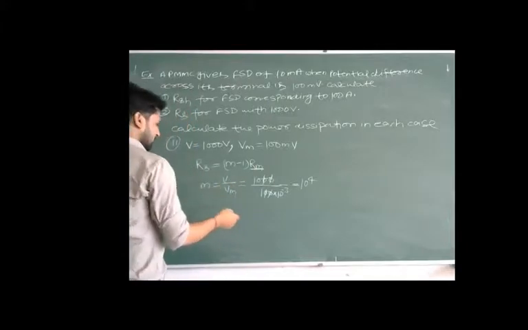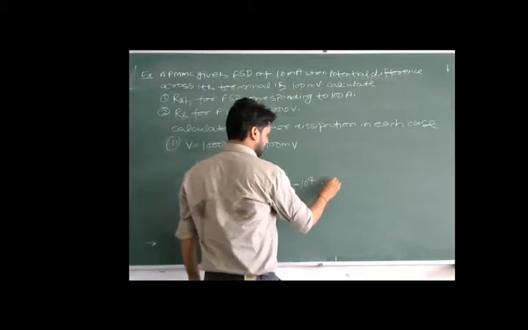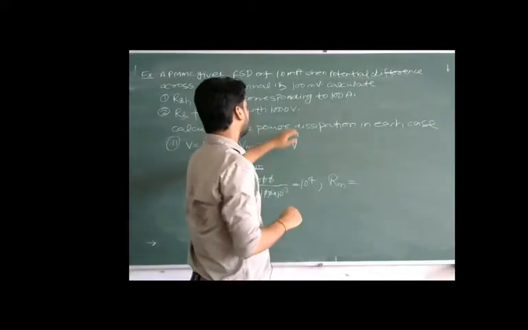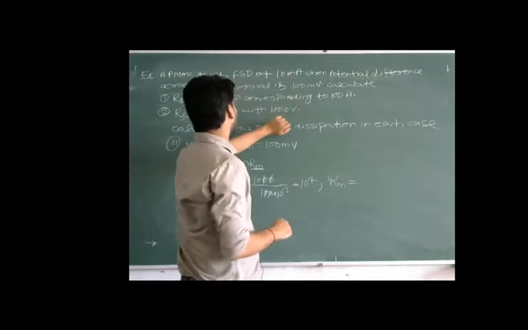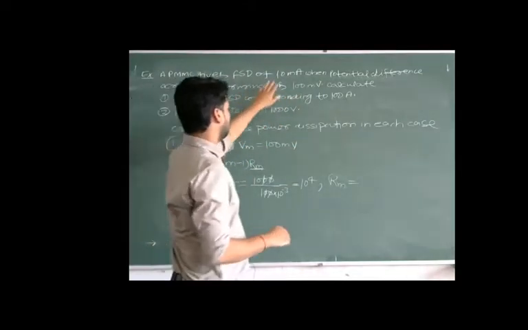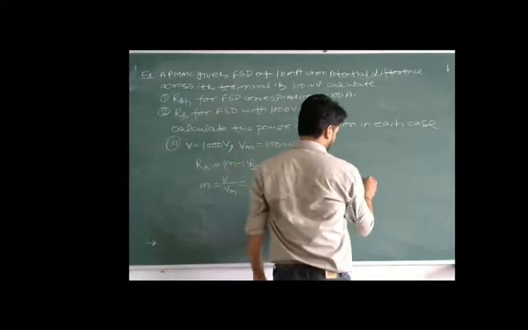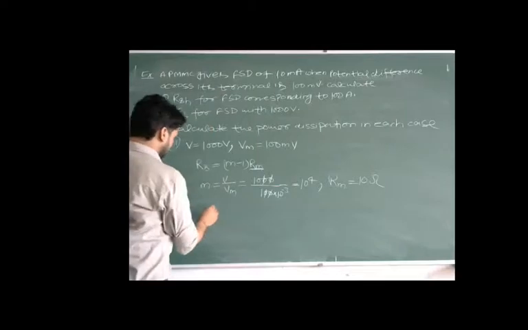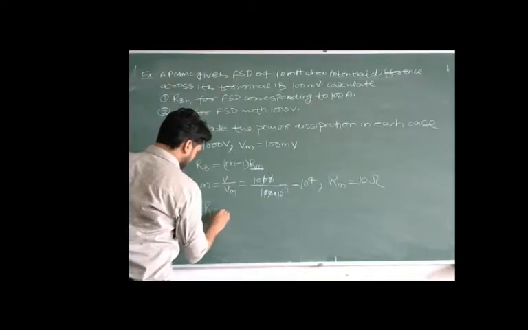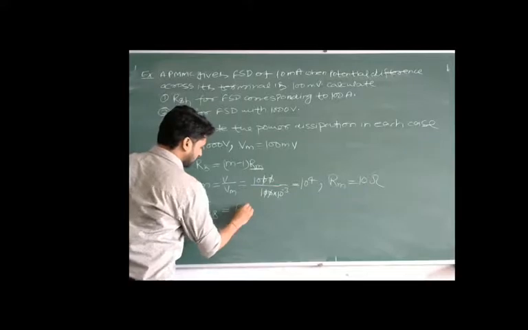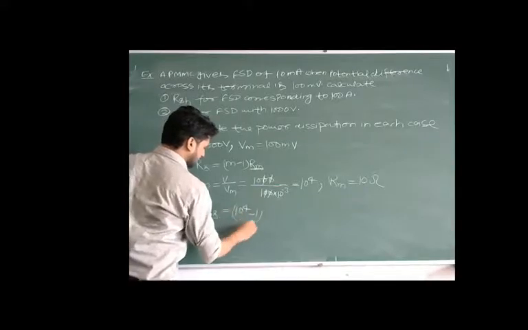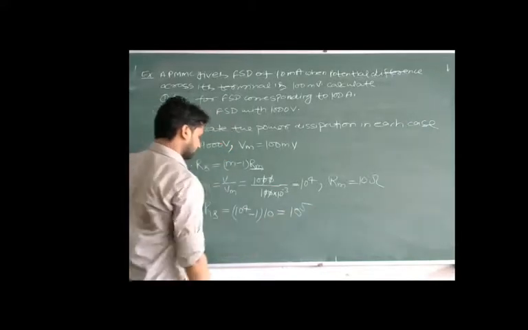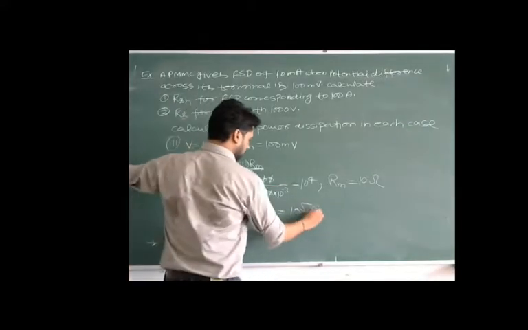The value of m is 10 power 4 and the value of Rm can be calculated as Vm upon Im. As we have seen in the previous case, Rm is 100 millivolt upon 10 milliampere, 100 upon 10, which becomes 10 ohm. So how can we find the value of Rs? It can be written as 10 power 4 minus 1 into 10, which is equal to 10 power 5 ohm.